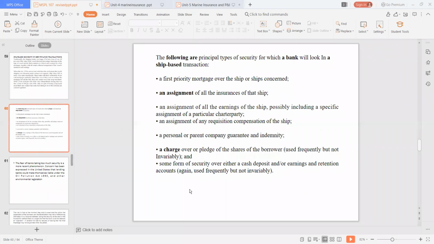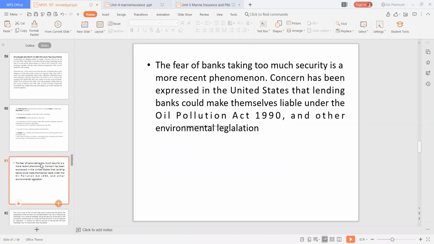I'll move to the next slide. The fear of banks taking too much security is a more recent phenomenon. Concern has been expressed in the United States that lending banks could make themselves liable under the Oil Pollution Act 1990 and other environmental legislation. So taking too much security is also a more recent phenomenon, the fear of banks.